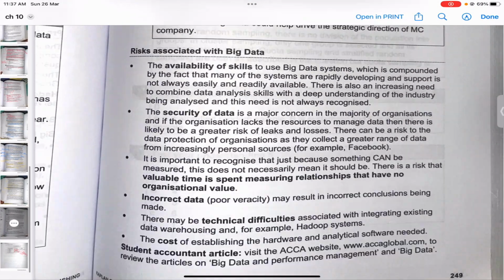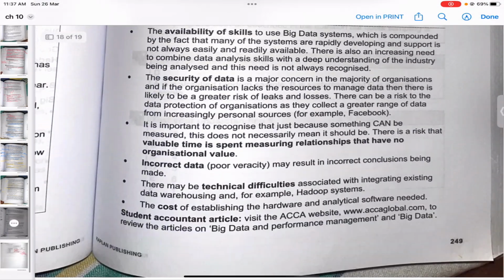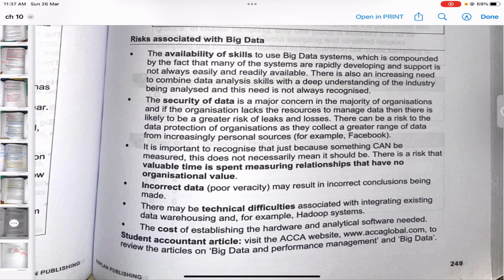Now let's quickly check, we'll come to test your understanding 6, but before that let's do the risks. We have been discussing the advantages of big data, but let's quickly check what the disadvantages of big data really are. So what are the limitations which it has?